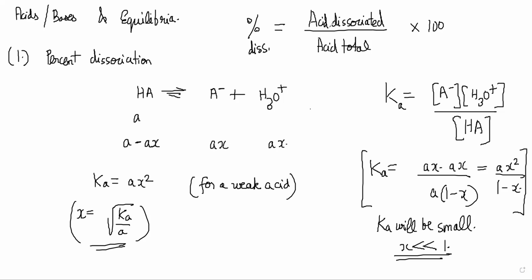So Ax is the dissociated part divided by total A. x is basically the measure of our percentage dissociation. For weak acids, this will be correct.